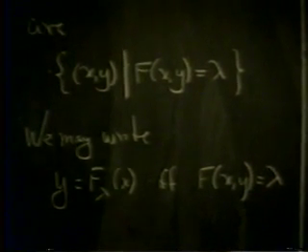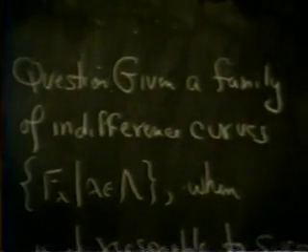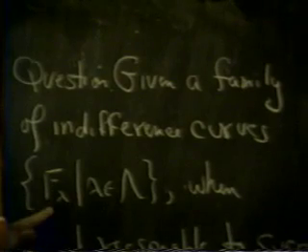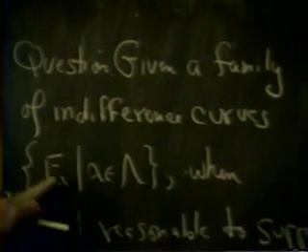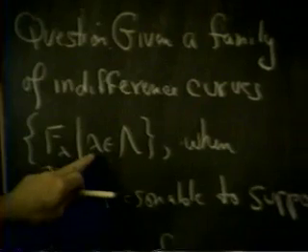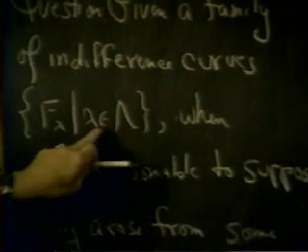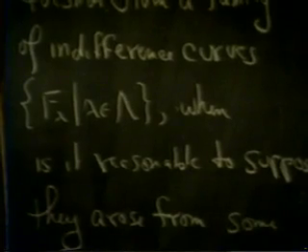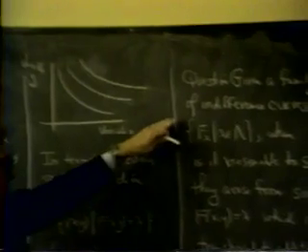And so the question now that can be raised is that given a family of indifference curves, that is, functions f lambda of one real variable against another, where lowercase lambda lies in some index set, and here I've only got 3 curves. I might have a continuum of curves, depends on the situation.